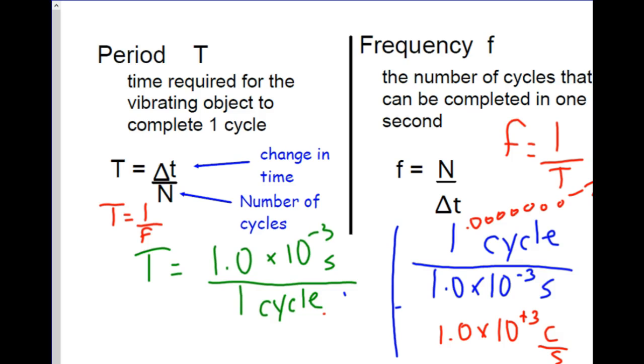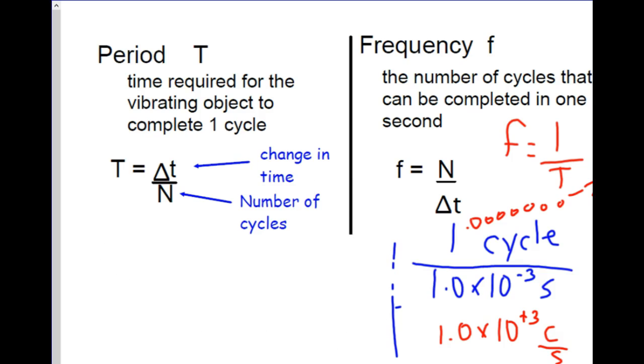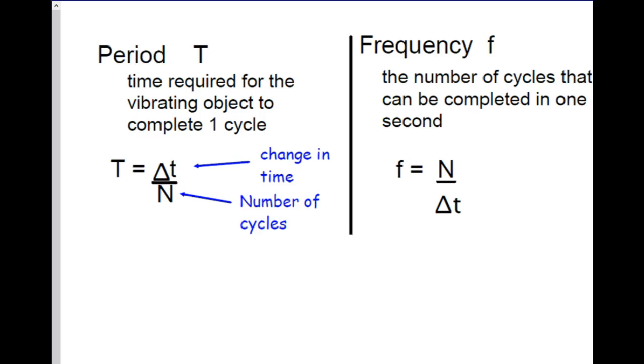Question number 6 is a little bit more challenging. Question 6 tells you that you have a duck sitting on the waves, and the frequency of the waves is 0.25 hertz, which is cycles per 1 second.